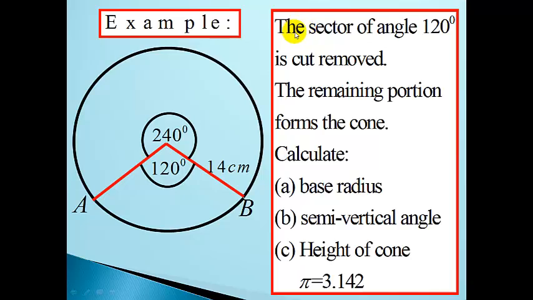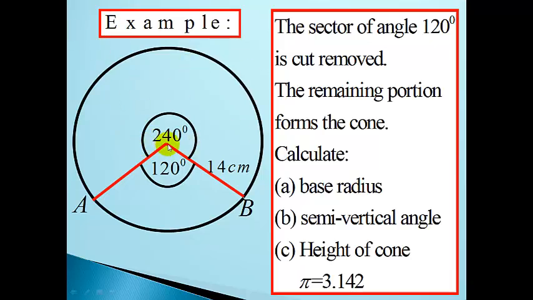The question says the sector of angle 120 degrees is cut removed. So when you look at the circle, at the center, you realize we have two angles. We have 120 degrees angle and we have 240 degrees angle. Take note that when we add the 240 degrees to the 120 degrees, we have 360 degrees. The total angle at the center of a circle is equal to 360 degrees.